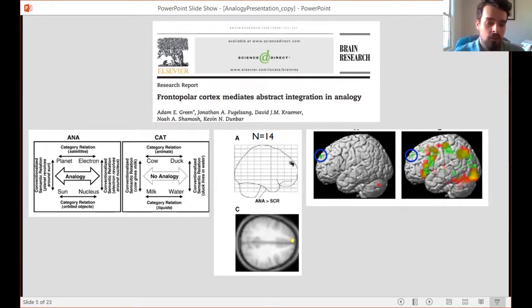So the frontoparietal network is important for processing and answering questions about semantic and categorical relations, but the only cluster that's unique to analogical problem solving is this frontopolar cortex. Those other regions are also activated during the control task. So this was our first evidence of this frontopolar cortex, and we quickly followed up on it to further investigate its role in analogical reasoning.